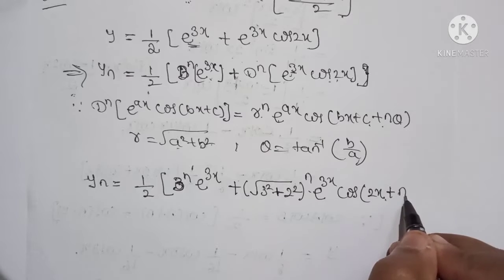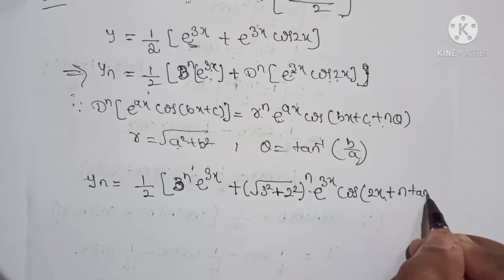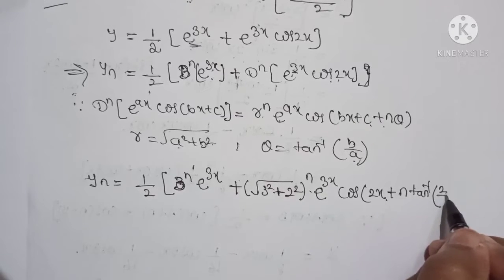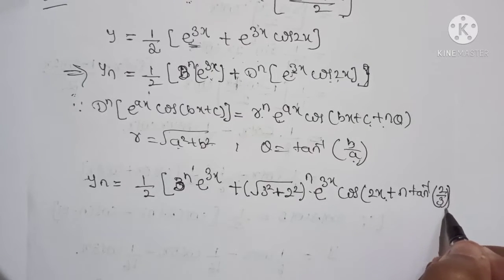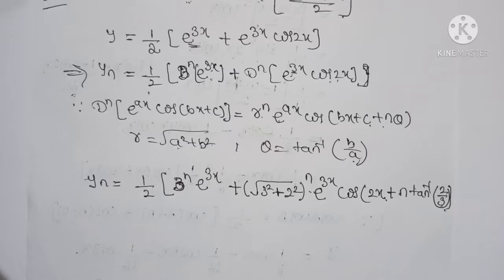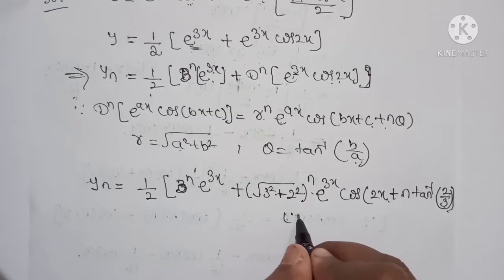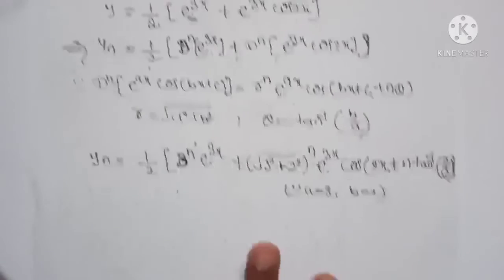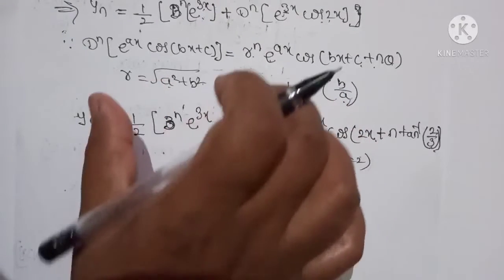N theta means n tan inverse of b by a, where b equals 2 and a equals 3. So directly we substitute here.